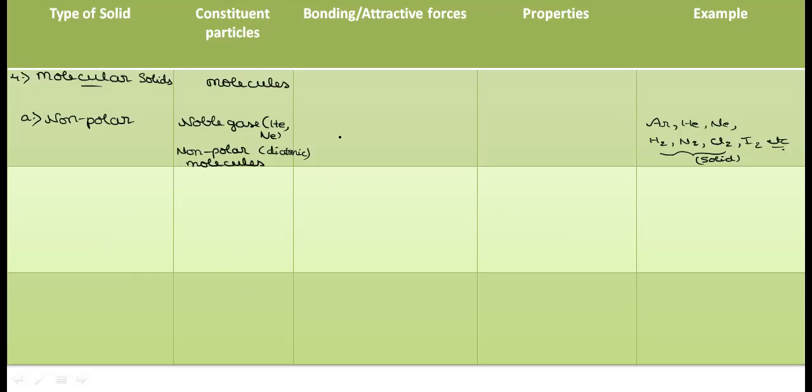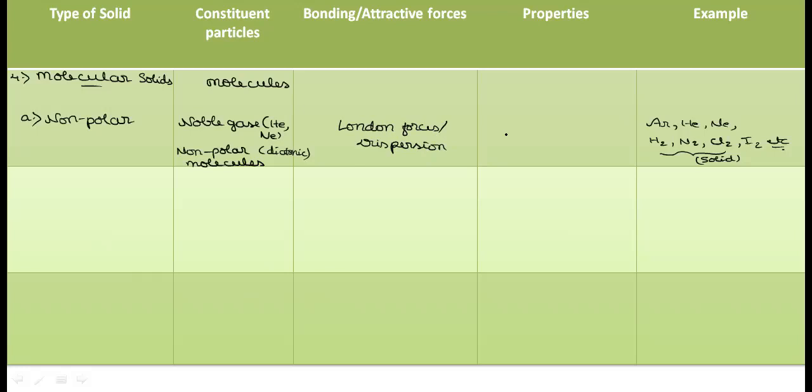So that is what we are going to see. And we know that between two non-polar molecules, the only attractive force possible is the weak van der Waals force, the London forces or dispersion forces. These will be the attractive forces formed between the particles.